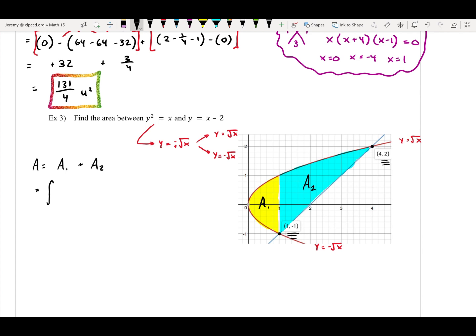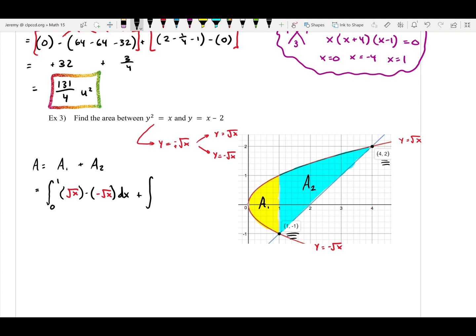We're going to look from x equals 0 to 1. And we want to do top function minus bottom function. The top function in this case is the square root, so root x, minus the bottom function, which is negative square root x, dx. Okay, so that's area 1.